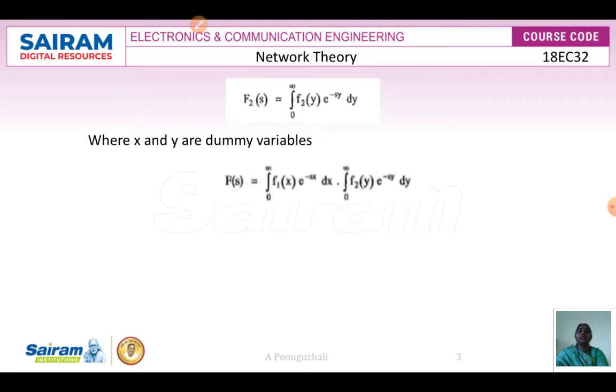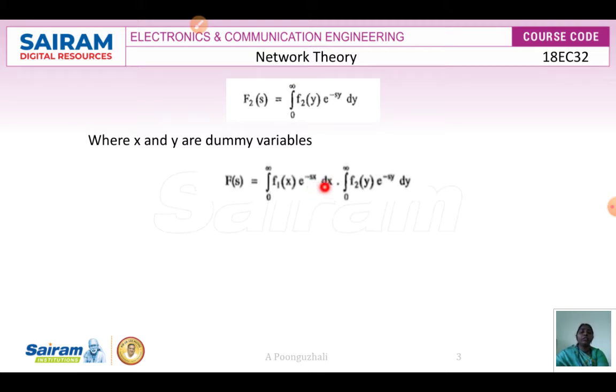So here your f of s is nothing but multiplication of f1 of s into f2 of s. So what is f1 of s? It is integral 0 to infinity f1 of x into e power minus sx into dx, and f2 of s is integral 0 to infinity f2 of y into e power minus sy into dy. So now combine both these integrals: integral 0 to infinity f1 of x into f2 of y into e power minus sx into e power minus sy into dx dy.